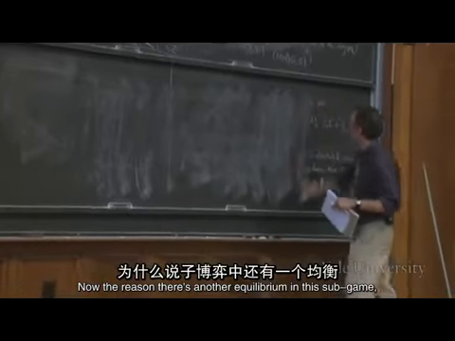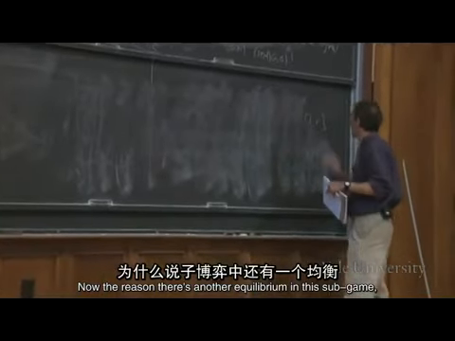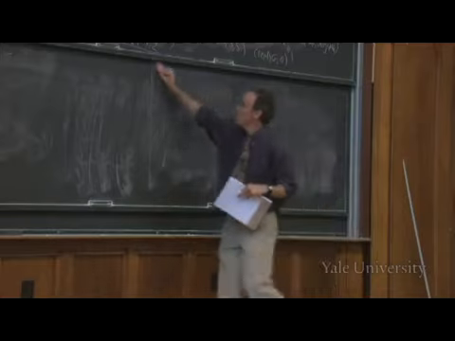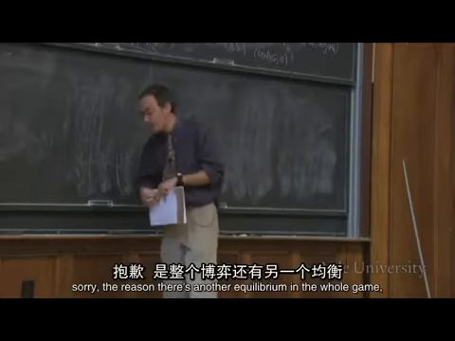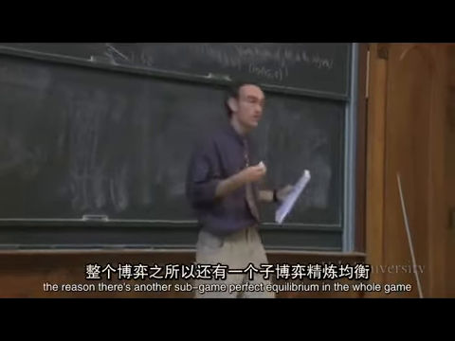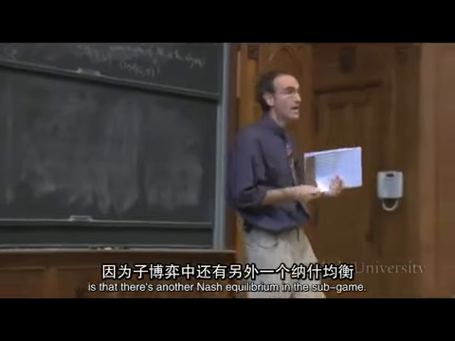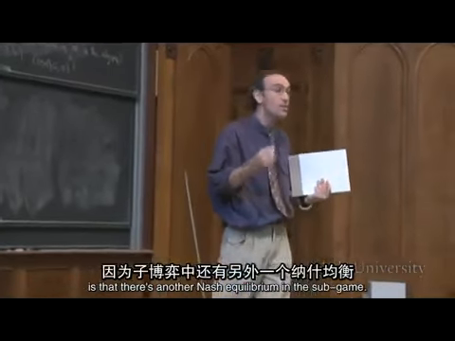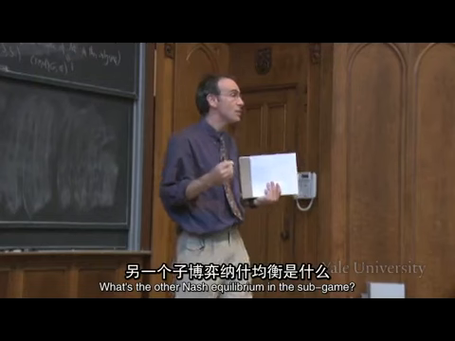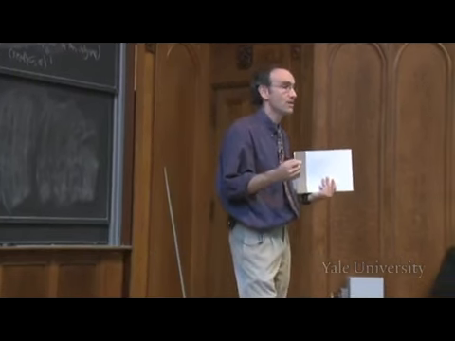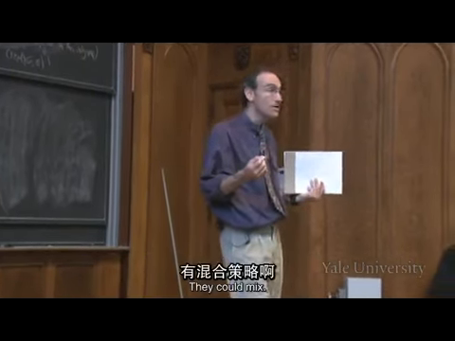Now the reason there's another equilibrium in this subgame, the reason there's another subgame perfect equilibrium in the whole game, is that there's another Nash equilibrium in the subgame. What's the other Nash equilibrium in the subgame? They could mix, right? They could mix.